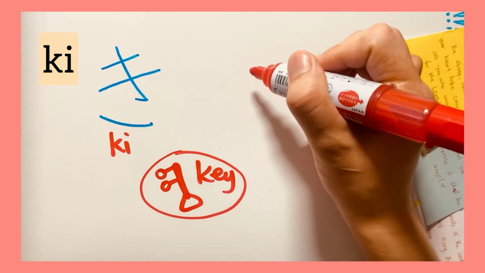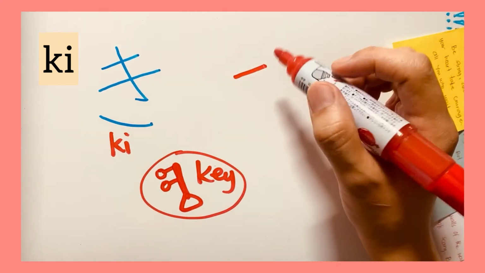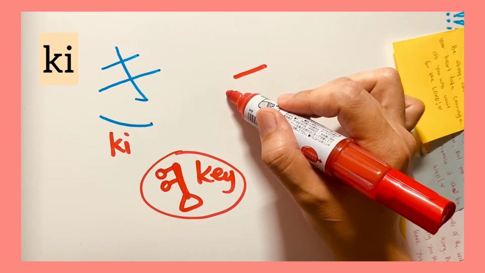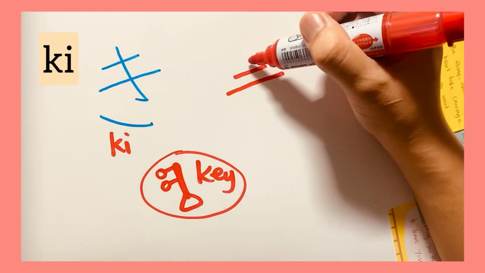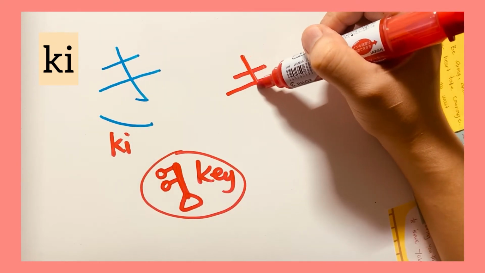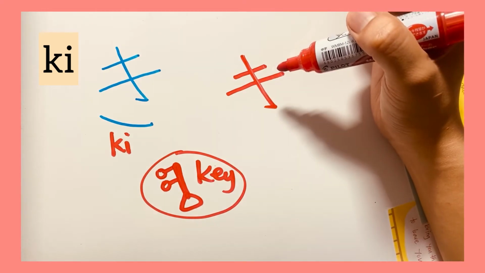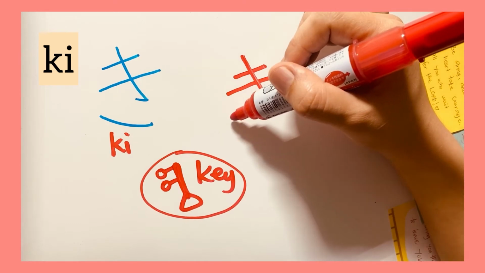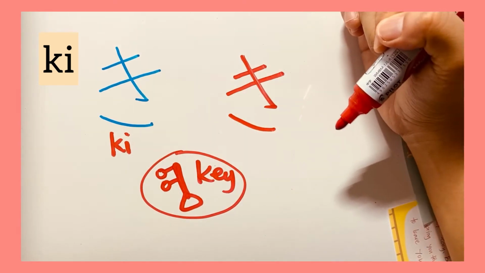First is a slant stroke, a little shorter than the second one. And then slant downward with a brush up stroke. And then a little bit curved. That's ki.